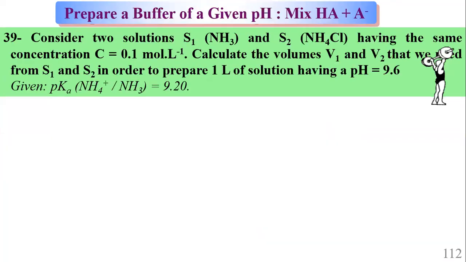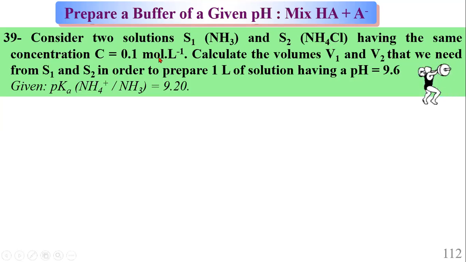Number 39. Okay, again, we're still preparing now a buffer by mixing an acid and its base in certain amounts, okay? Consider two solutions, an S1, which is ammonia, and an S2, which is ammonium chloride. Again, ammonium chloride is a salt, remove the Cl, so ammonium. So I have two separate solutions.